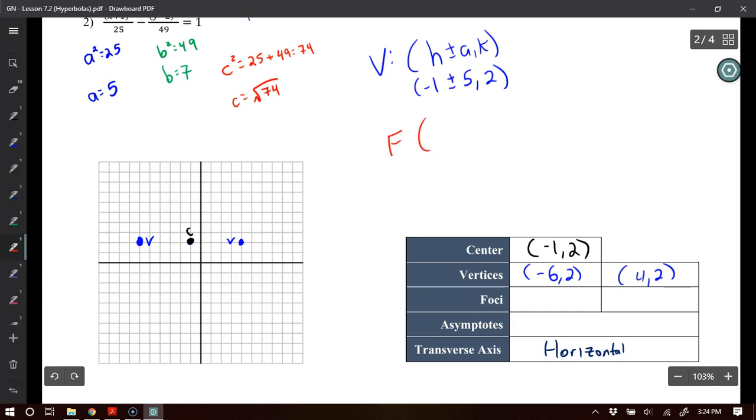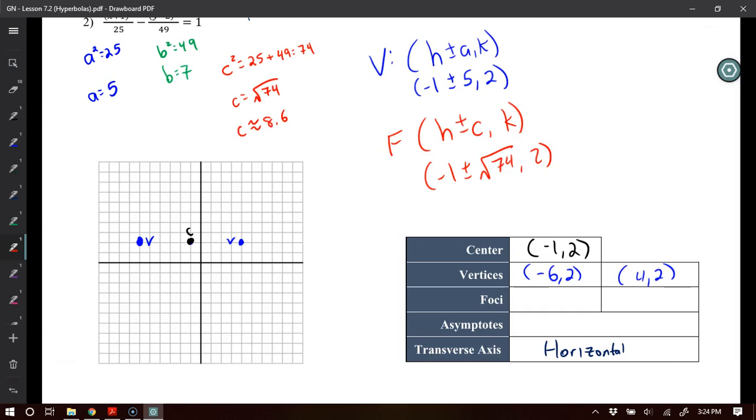So for my focus, the formula for horizontal is h plus or minus c comma k on the formula sheet. So I'm going to have -1 plus or minus the square root of 74 comma k. Now the square root of 74 is approximately 8.6. I'm going to use the counting, but I could also use my formula. I could take -1 plus 8.6 comma 2 and -1 minus 8.6 comma 2, and I can get the same coordinates.